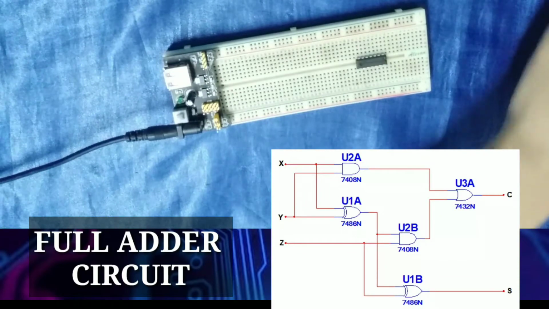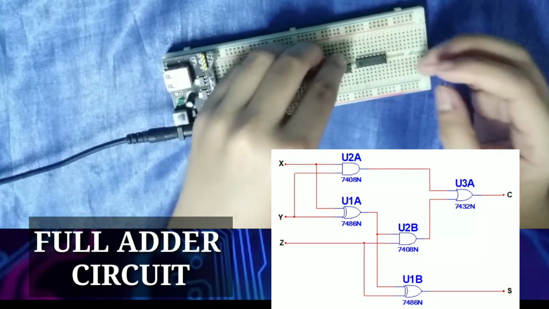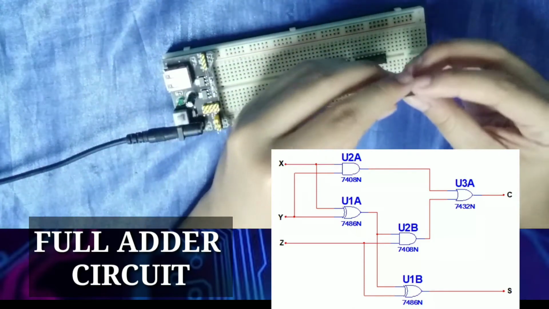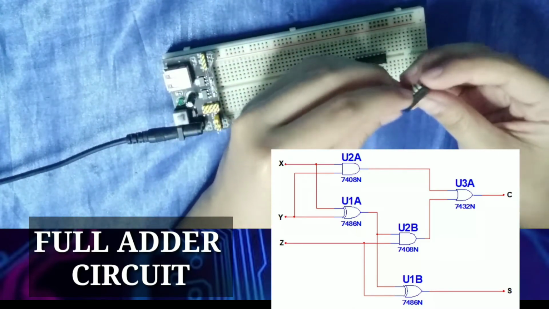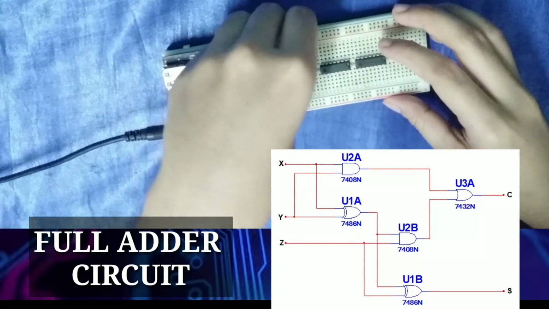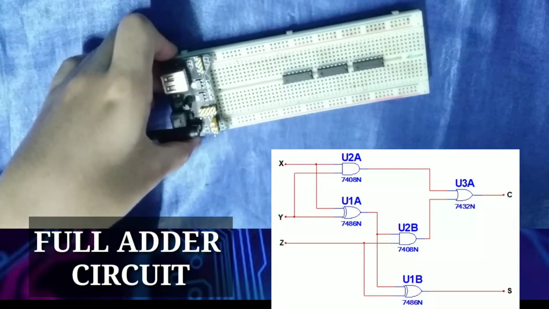Second, we will need our 7408 integrated circuit as well. And third, we will need a 7432 integrated circuit connected here on the latter part of the breadboard.